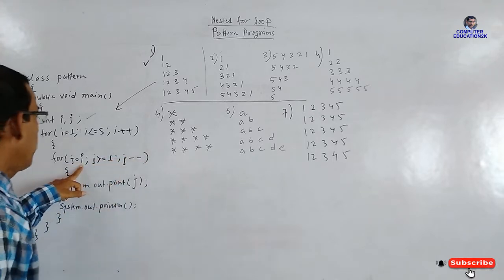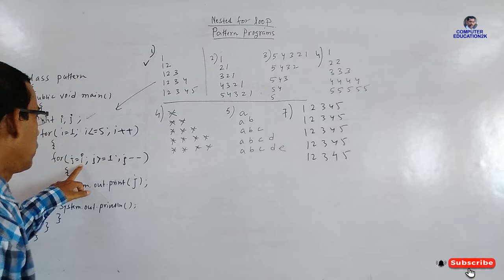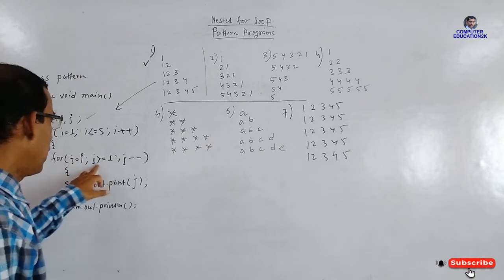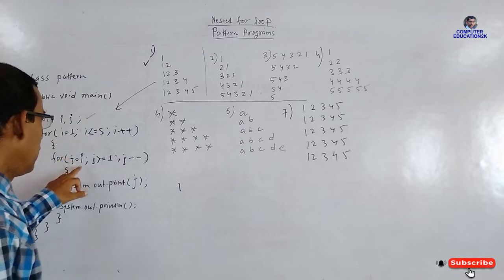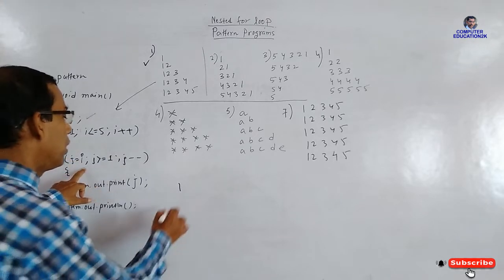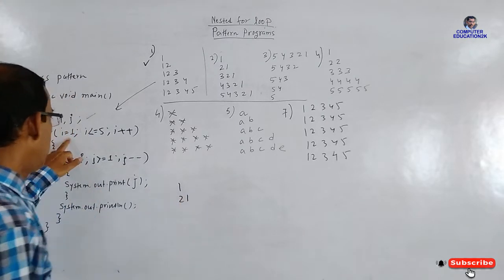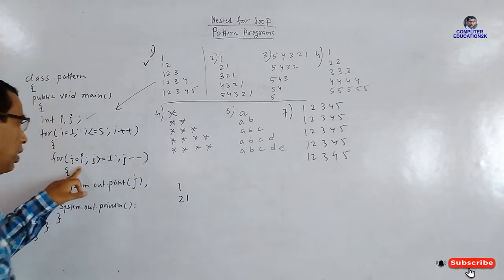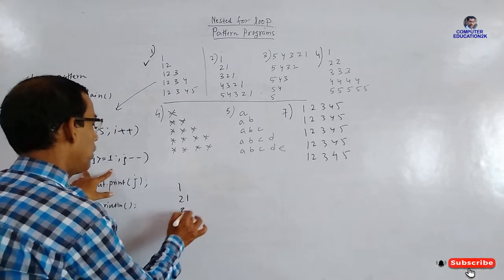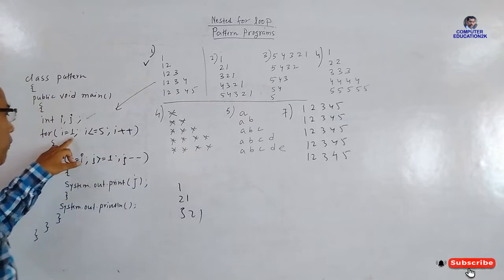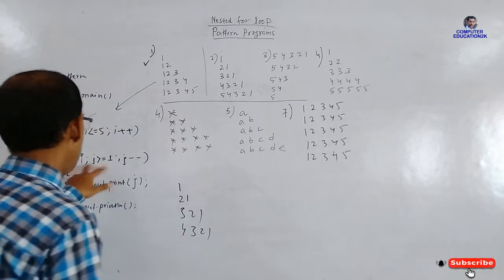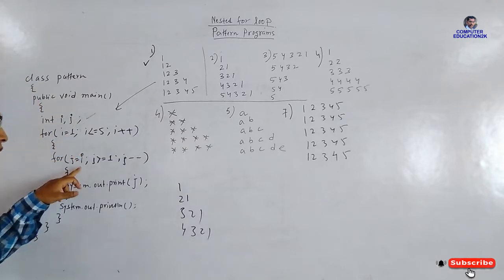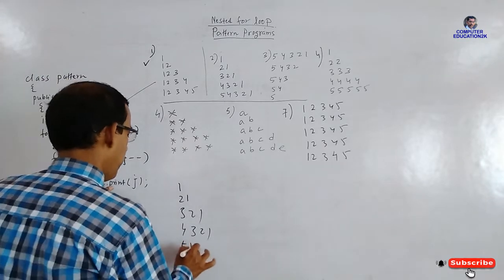The first time the I value is 1, so j is 1 to 1, so it will print 1. The second time I will be 2, j will be 2 to 1, so it will print 2 to 1. The third time I will be 3, j will be 3 to 1, so it will print 3 to 1. Then I will be 4, so it will print 4, 3 to 1. And at last I will be 5, j will be 5 to 1, so it will print 5, 4, 3 to 1.